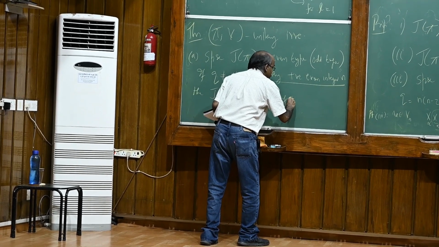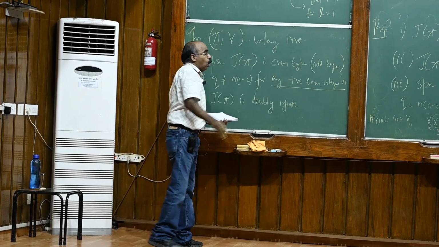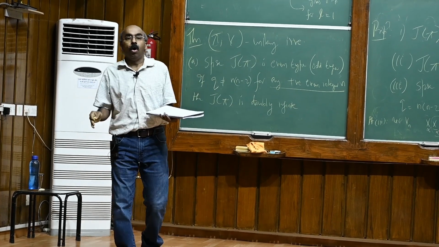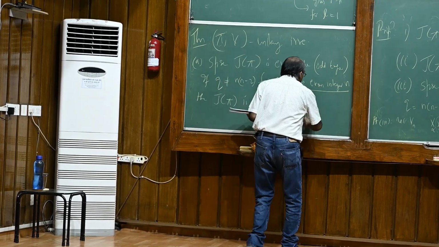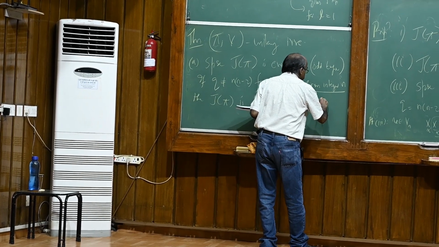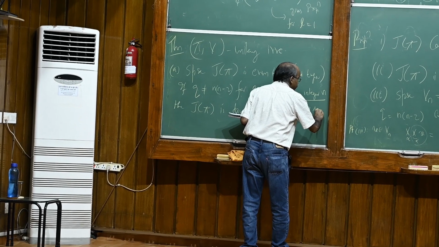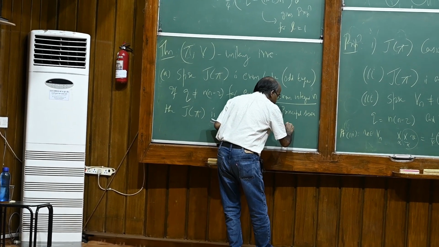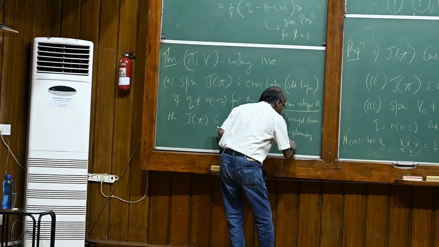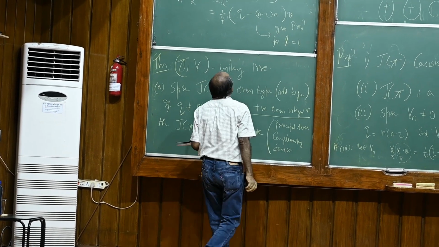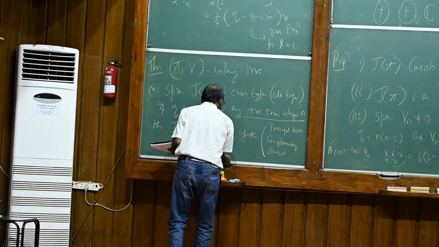That means it consists of all even numbers or all odd numbers. So these are the cases for principal series, both principal series and complementary series. So that is one case.